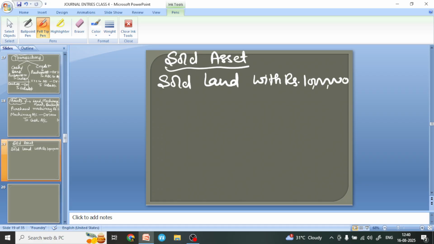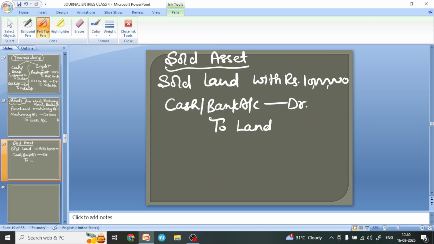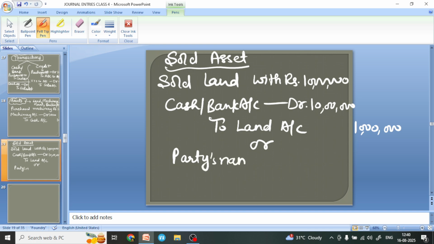The entry will be cash or bank account debit to land account 10 lakh. If sold by cash, then cash account debit. If sold by check, then bank account debit. But if sold on credit, then the party's name account debit to land account.